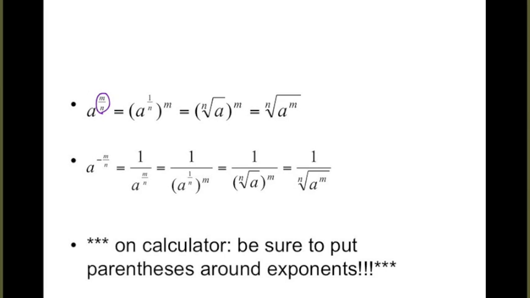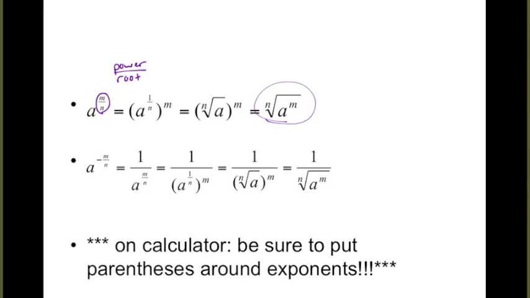In words, the top of that power is going to be the power, and the bottom of that power is going to be a type of root. So when your exponent is a fraction, the top of that fraction tells you the power, the bottom of that fraction tells you the root. The top is the power, the bottom is the root.